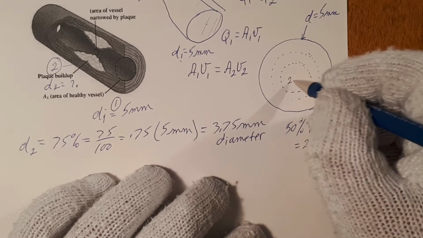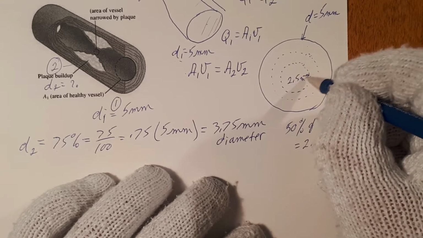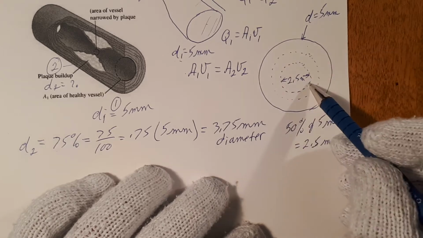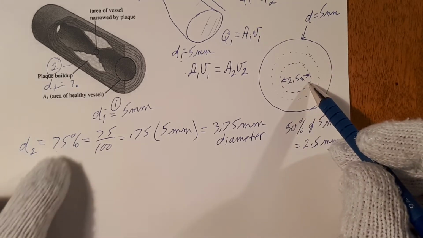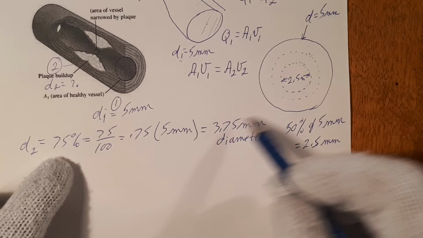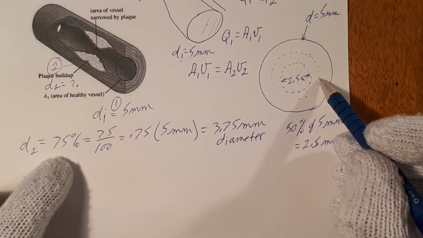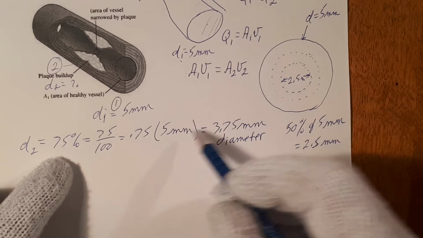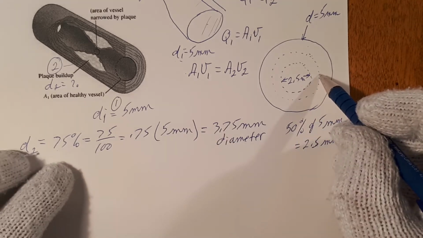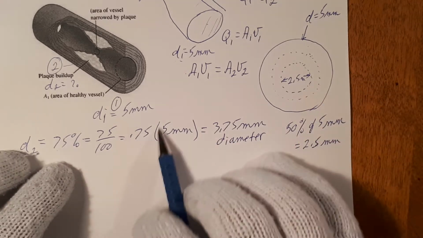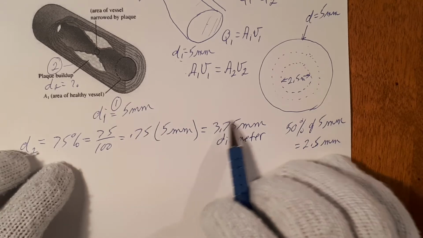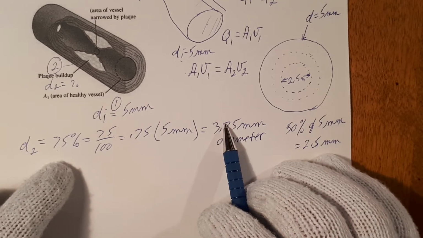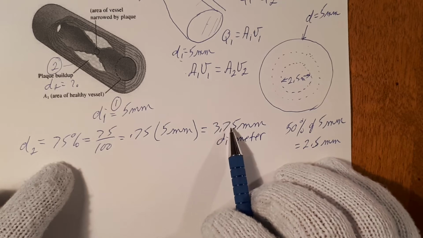So this will be a diameter of 2.5 millimeters at a 50% blockage. And at 75% blockage, we're saying that the diameter should be 3.75. Well, that doesn't quite look right. So what we really need to do is make a subtraction. The 3.75 millimeters is the actual blockage, and what's left over is the opening that we are interested in.